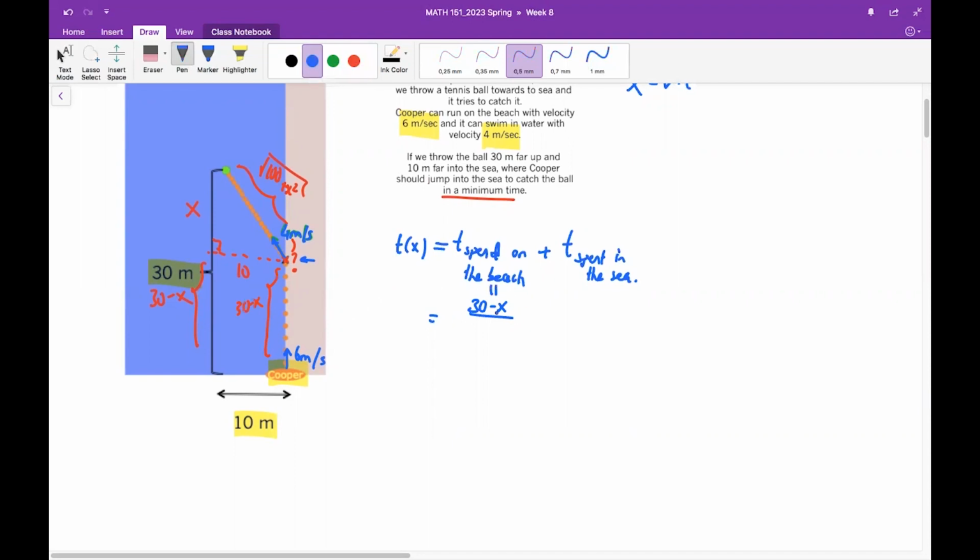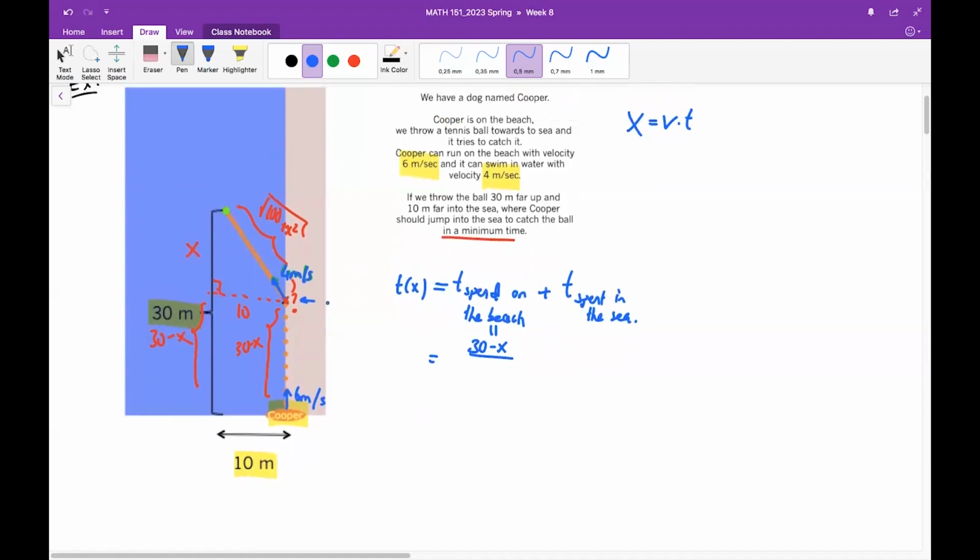We divide it by the velocity, sorry, we don't have the time, we just have the velocities. Let's call this velocity v1 and this velocity v2. If we divide this by the velocity, which is 6, I obtain the time that is needed to travel this distance on the beach, right?